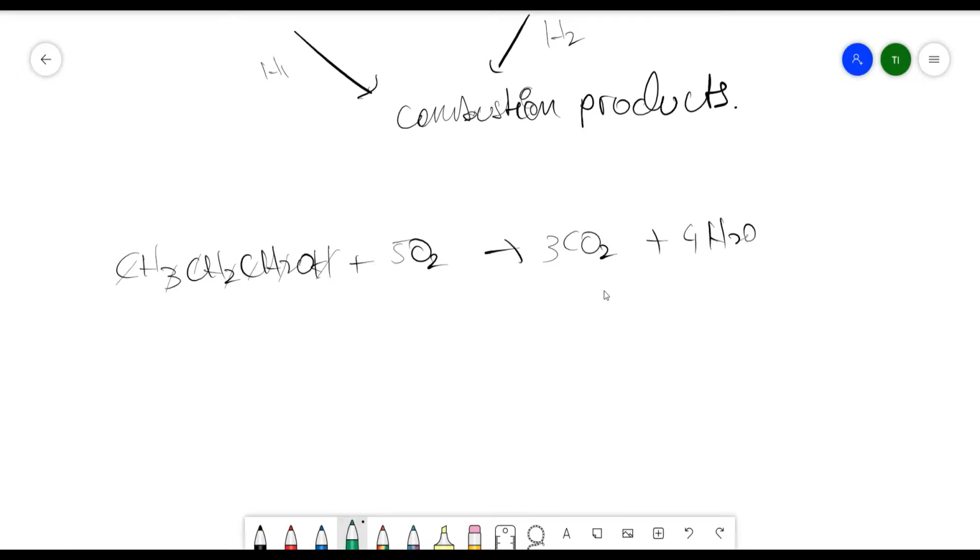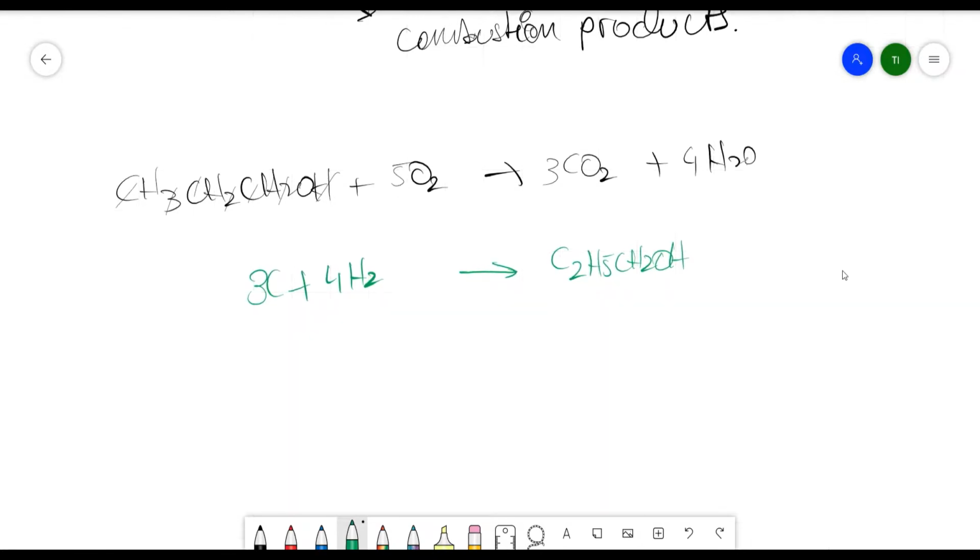To convert this to the combustion cycle form, first write the elemental form. So there are 3C plus 4H2, which gives CH3CH2CH2OH, right?